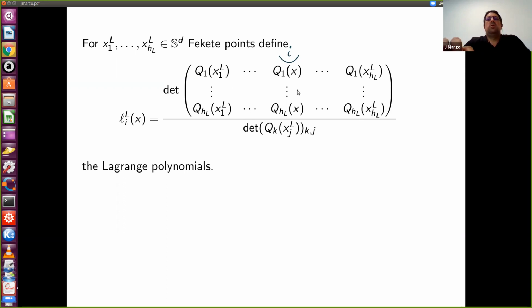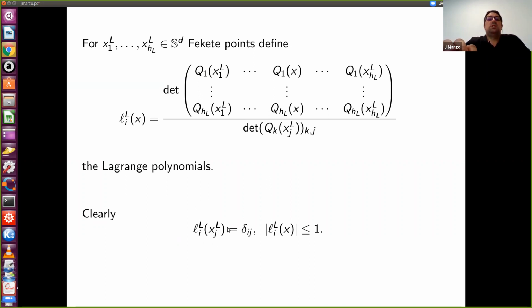And these polynomials satisfy a very nice property, well, a couple of them, and these are the ones I want to stress. So the first is that they actually interpolate, the Lagrange polynomials. By definition, they satisfy this.